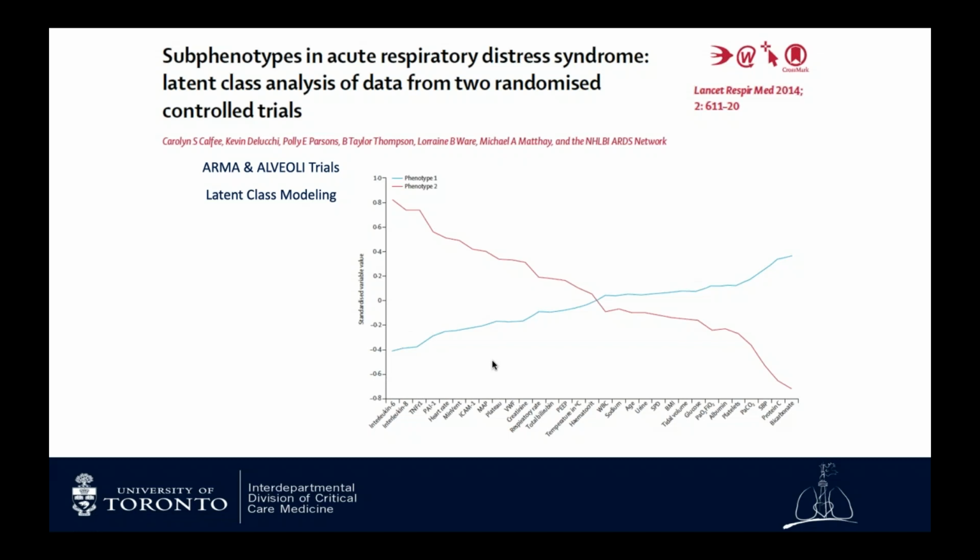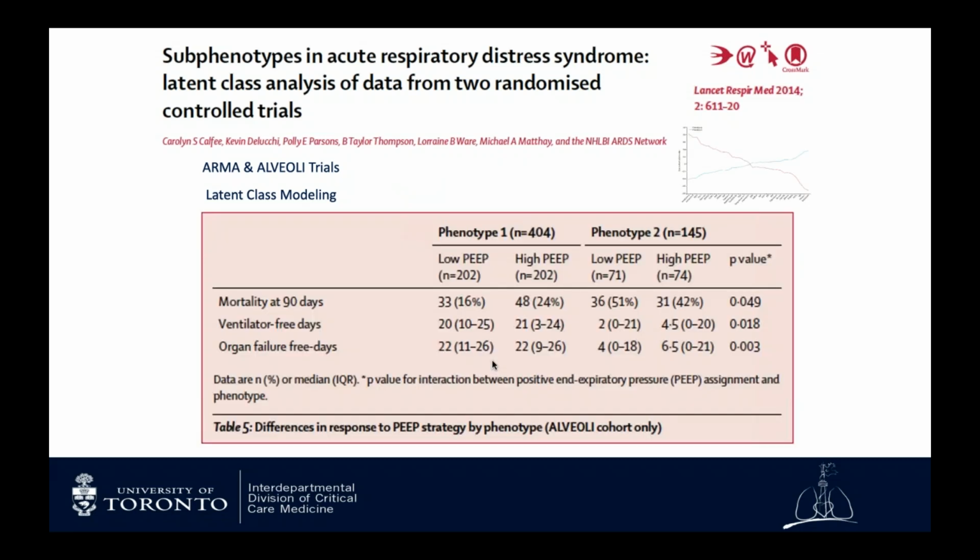So that's interesting in a sense. What's really interesting is that they had a different response to PEEP. Patients in the non-inflammatory group had significantly higher mortality when you gave them higher PEEP, and in contrast, patients in the inflammatory group, although there were fewer of them, had a significant reduction in mortality.